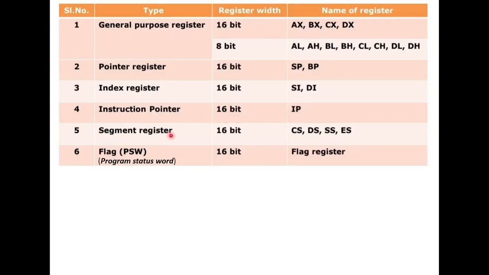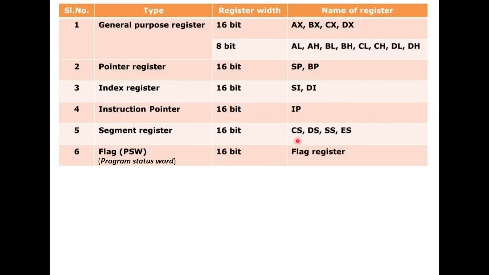Next one is the segment registers. Totally we have 4 segment registers: CS, DS, SS and ES. CS means code segment, DS means data segment, SS means stack segment, ES means extra segment. All these 4 segment registers give the segment address. Along with this, the remaining registers we will use for the offset to generate the 20-bit physical address to track the memory location in the external memory.